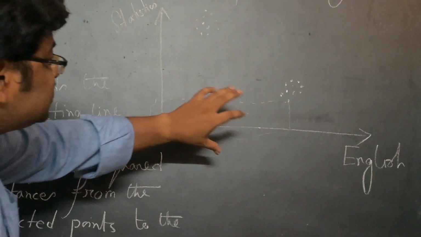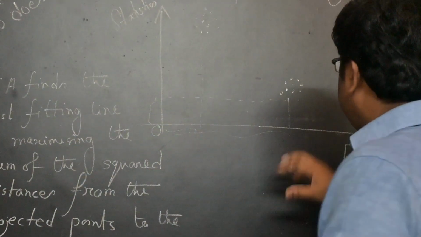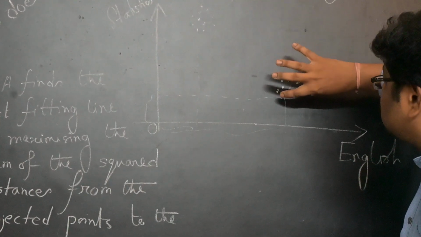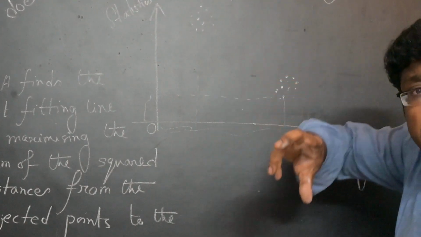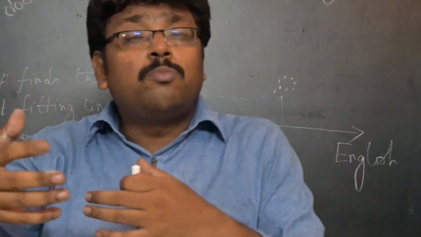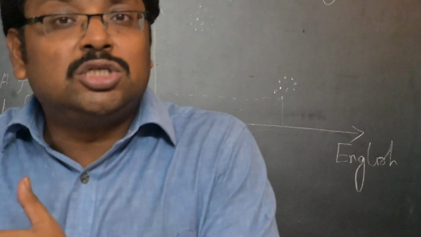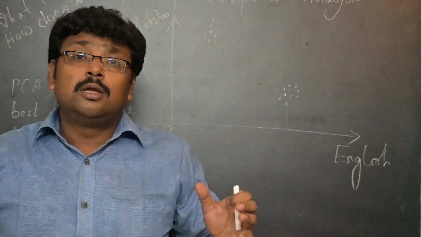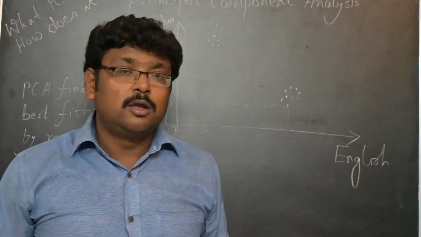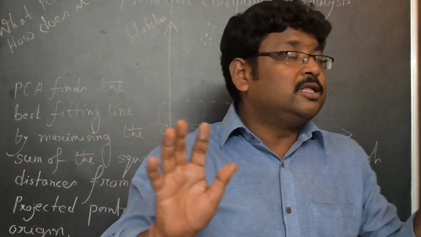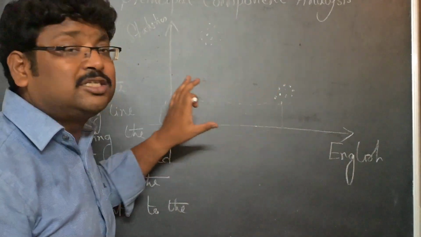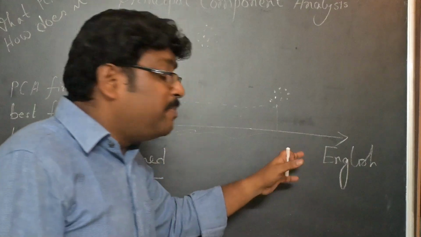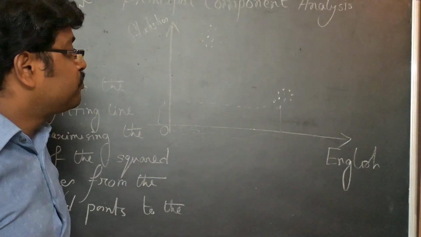So these points represent the essence that the students obtained more marks in English compared to statistics. So this is the two-dimensional understanding of two variables.